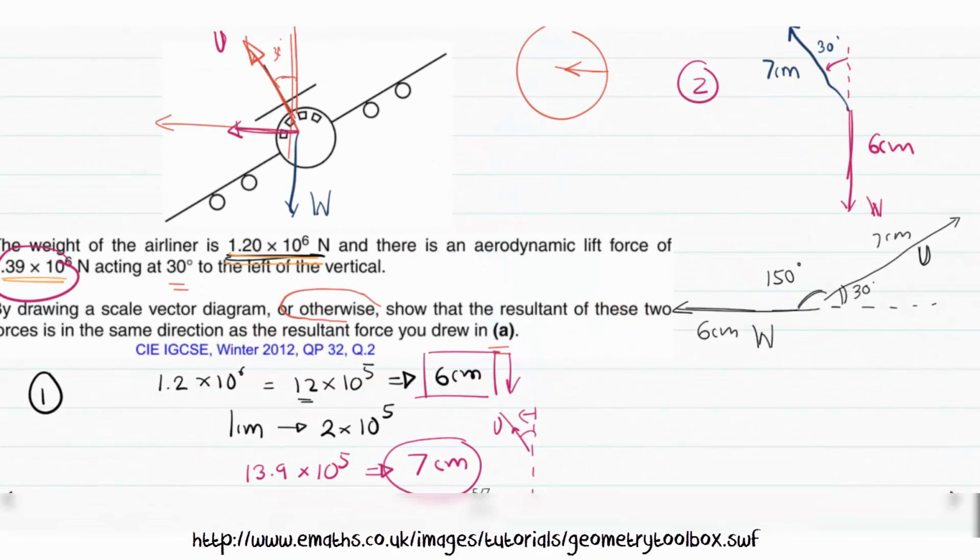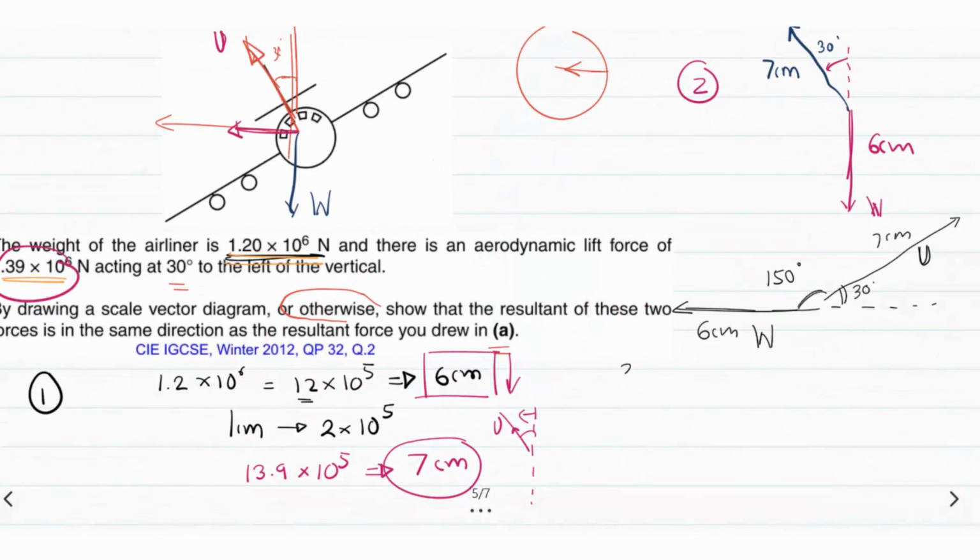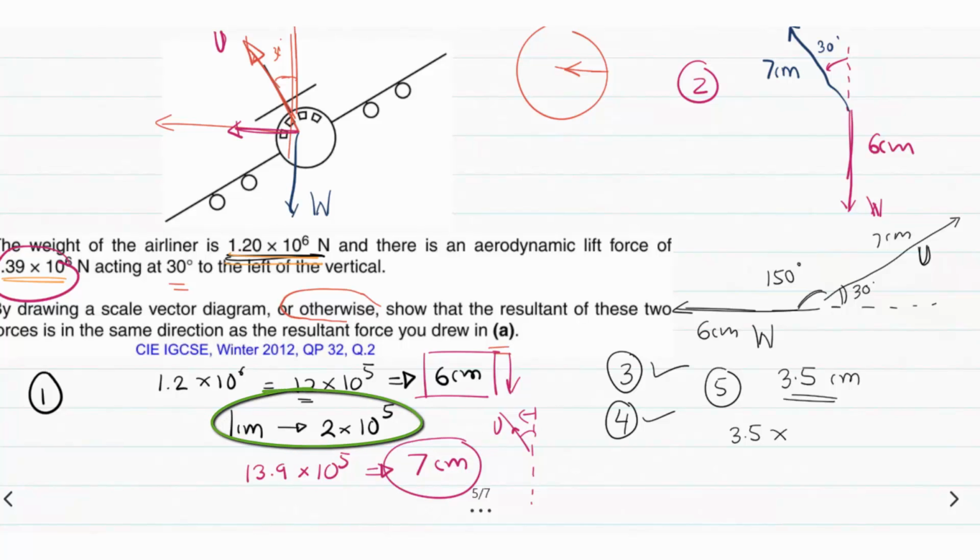Coming back over here, we completed the second step, then the third and the fourth, constructing the diagonal. We came up with a number which was 3.5 centimeters. Now, if we remember the fifth step, I need to scale this up: 3.5 multiplied by the scale number, 2 into 10 raised to 5.